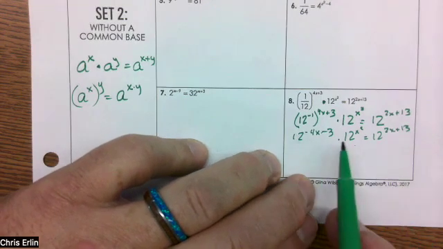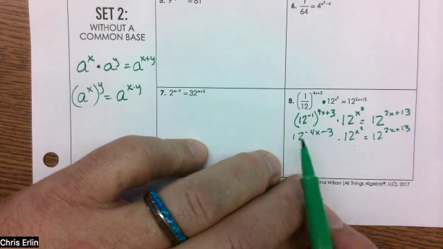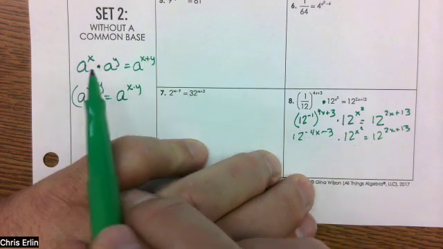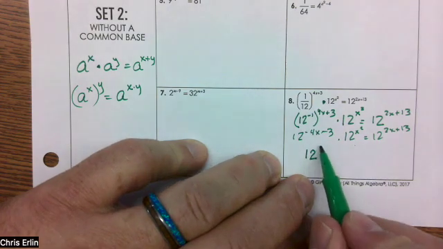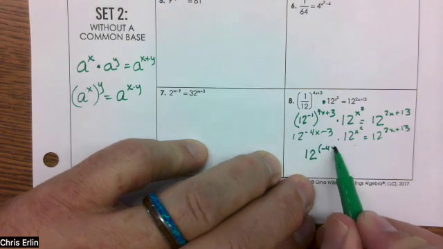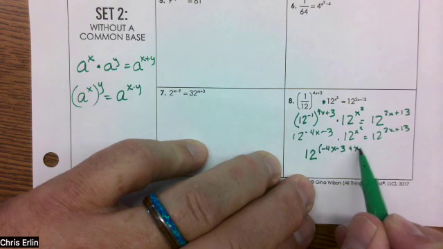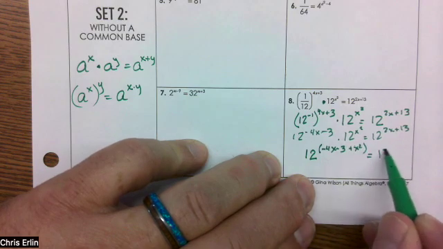And now I want to consolidate these two. They're both base 12. So it's like this first one. I can do this as a single term, 12 to the, and now I'm just adding these all up in the exponent.